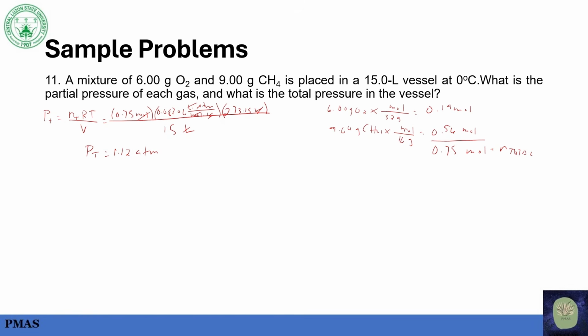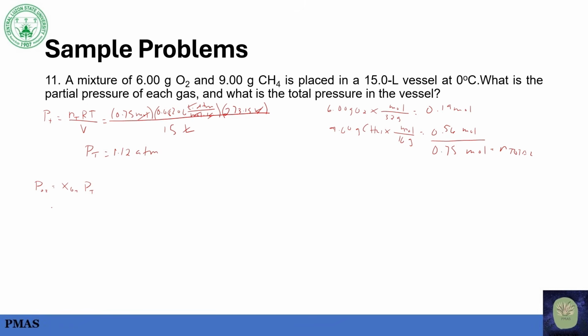Okay? Since now we have the total pressure, we can calculate the partial pressures of each gas. Remember that we can get the partial pressures from the mole fractions. The partial pressure of oxygen is equal to the mole fraction of oxygen multiplied by the total pressure. So how do we get the mole fraction?